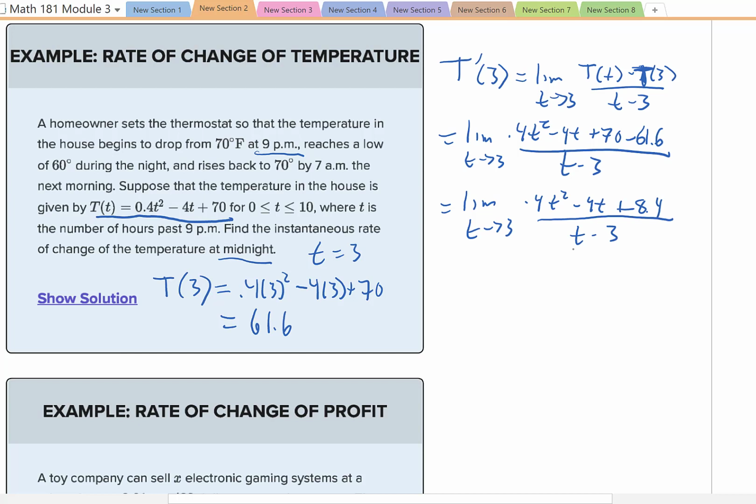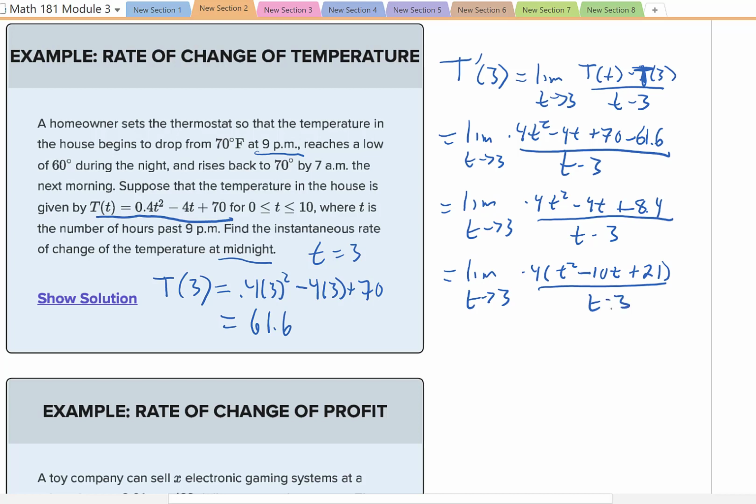So if I were to factor out that 0.4, I get the limit as t approaches 3 of 0.4 times t squared minus 10t plus 21 over t minus 3.